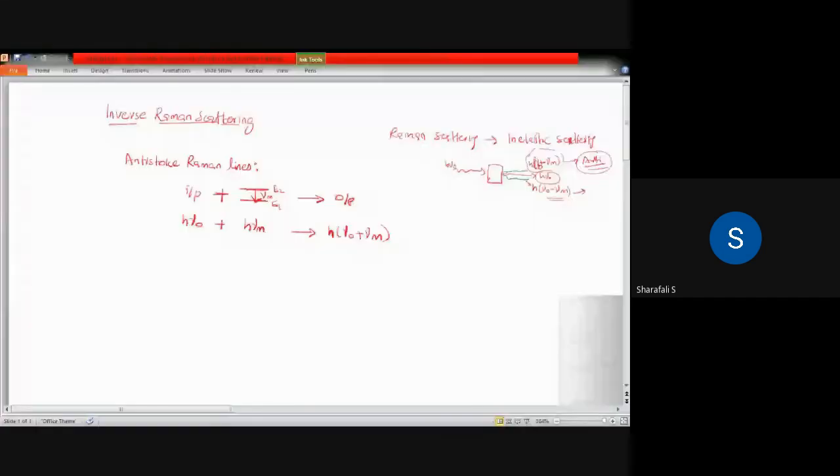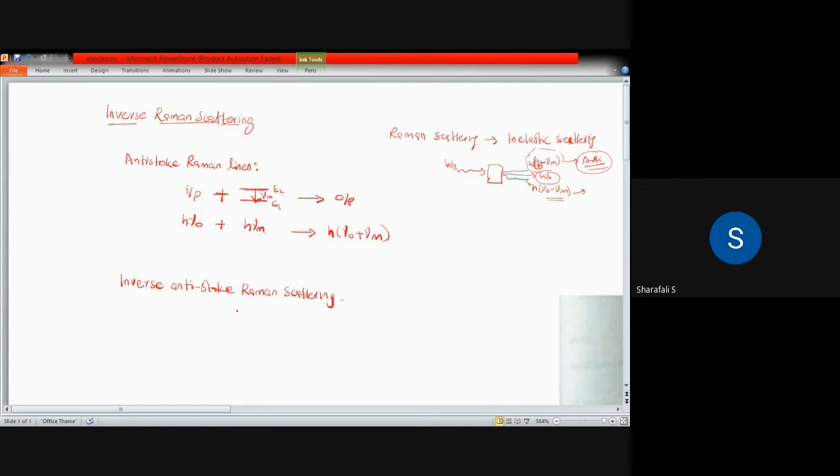Now, if you consider the inverse anti-Stokes Raman scattering, what will happen? Just the inverted form of this will happen.